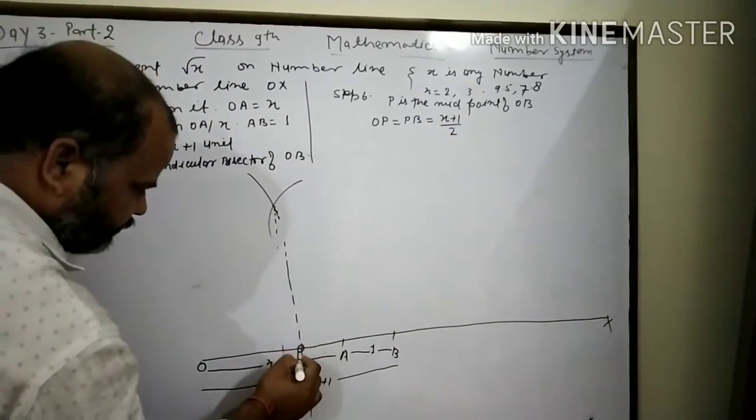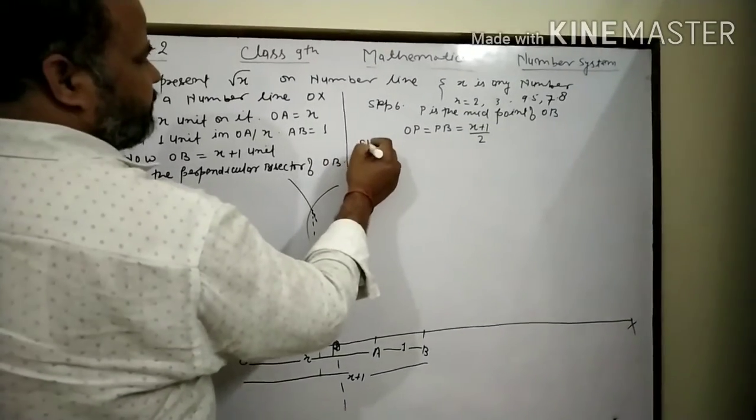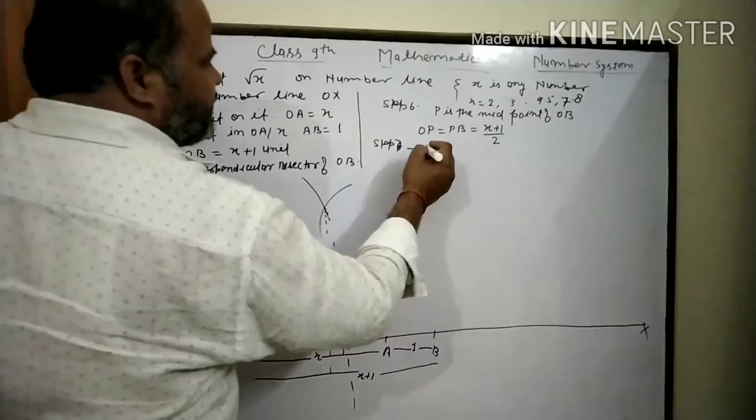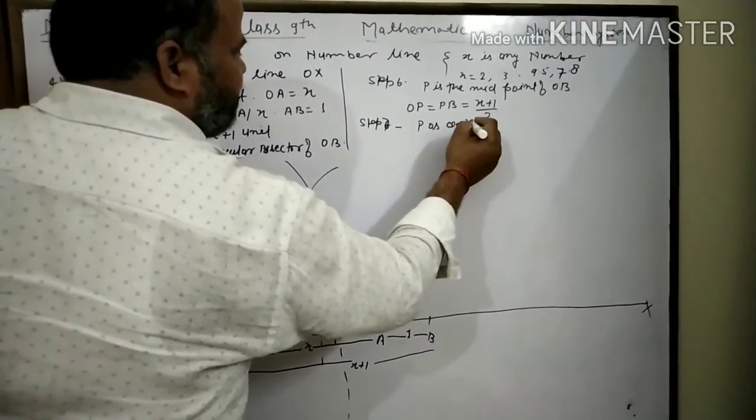It is P. Clear? In step 7, sorry, now P as a center.